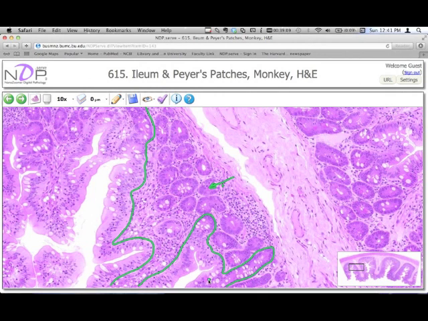So for instance, if I was to take a look at this, and here's the lumen right there that connects eventually here, and if I were to take a section like this, what it would show is a rounded section like this, and the basement membrane here shown in green.